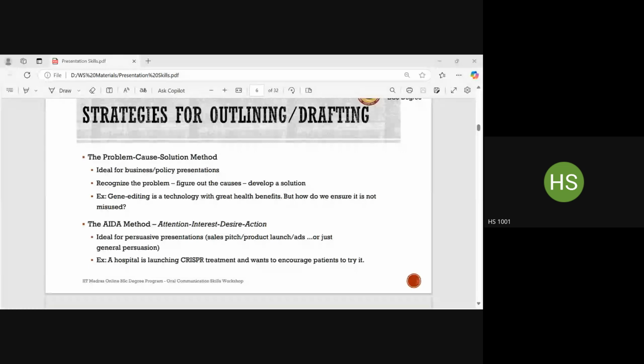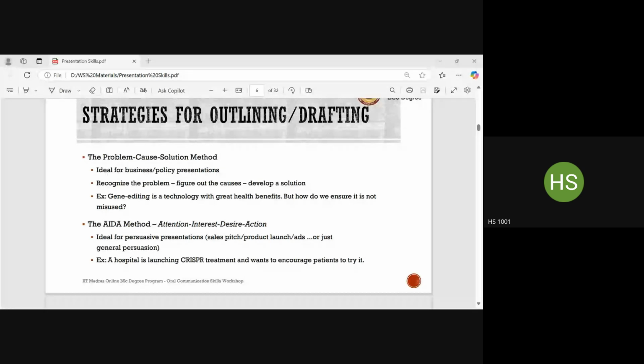If that is the case, if your focus is on solution-based presentations, then you can use the problem, cause, solution method. Sometimes there might be something wrong in a business plan. Sometimes there might be something wrong in the policy decisions made by a firm.